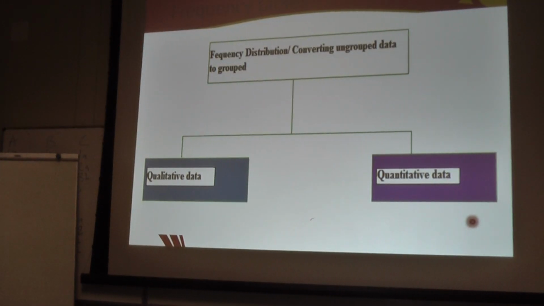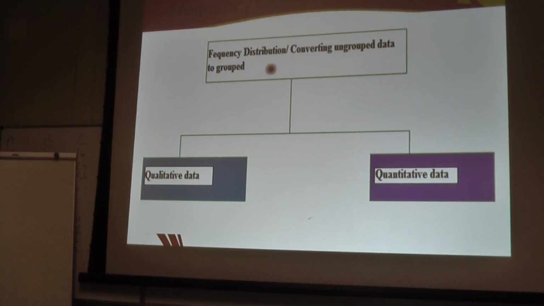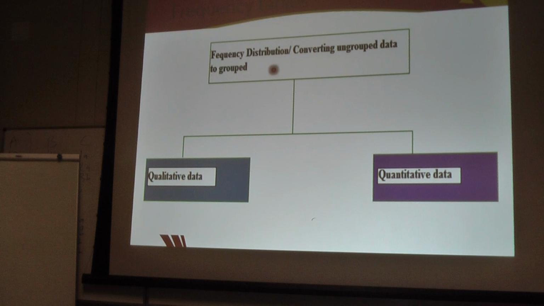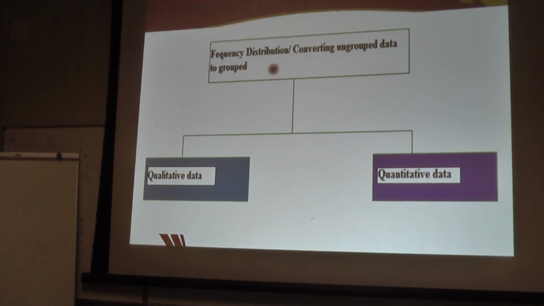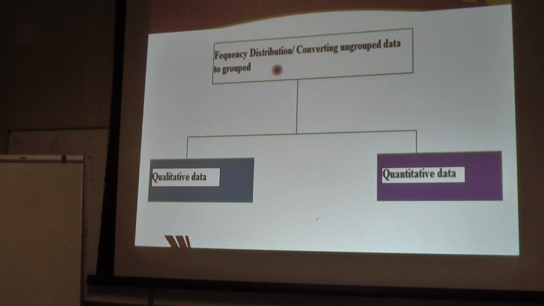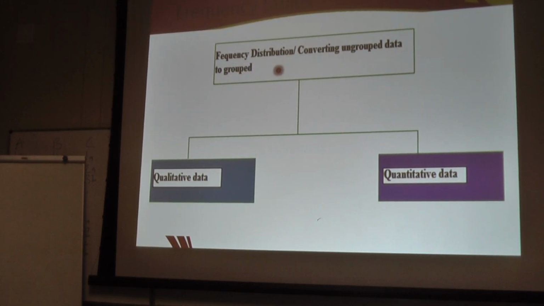Now, frequency tables. When we talk of frequency tables, basically we are talking of converting ungrouped data to grouped data. The whole idea is that ungrouped data is very difficult to interpret if we are to make any decisions. You can't identify salient features that are present in the data by merely looking at ungrouped data.